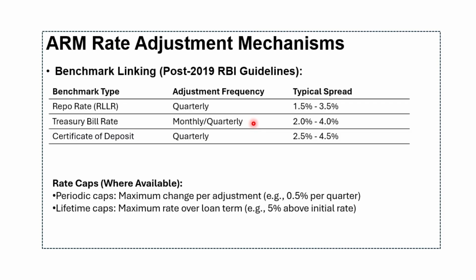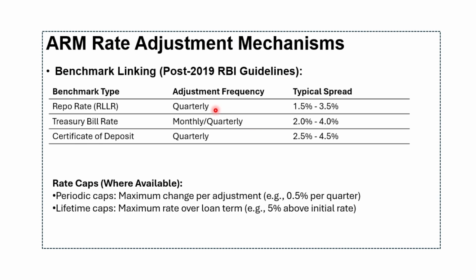Then we are looking at ARM rate adjustment mechanics. In the table which we can see here are the three primary benchmark options available post 2019 RBI guidelines. Repo rate linked lending rate is most common with quarterly adjustments.